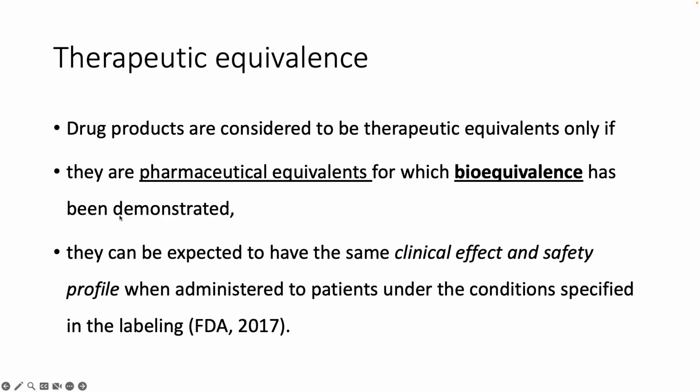So for therapeutic equivalence, drug products are considered to be therapeutically equivalent only if they are pharmaceutical equivalents for which bioequivalence has been demonstrated. So they have similar. Oh, sorry.